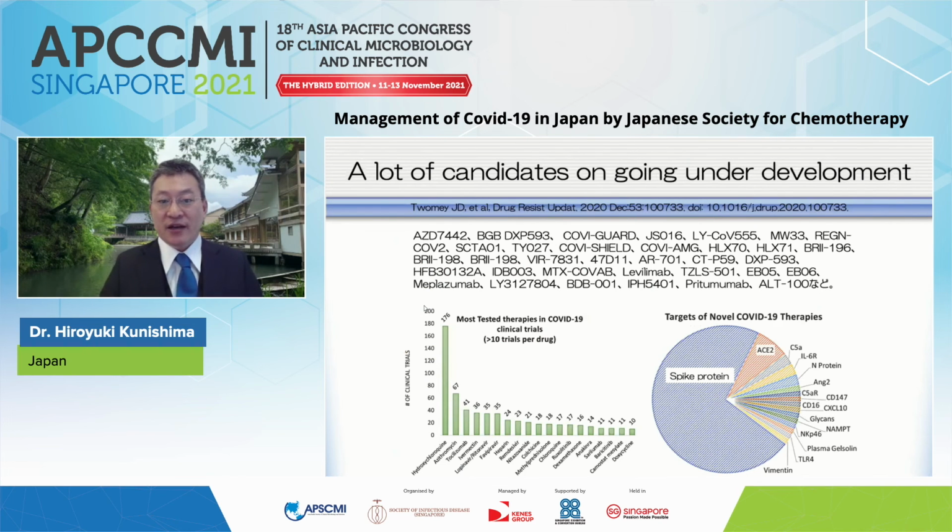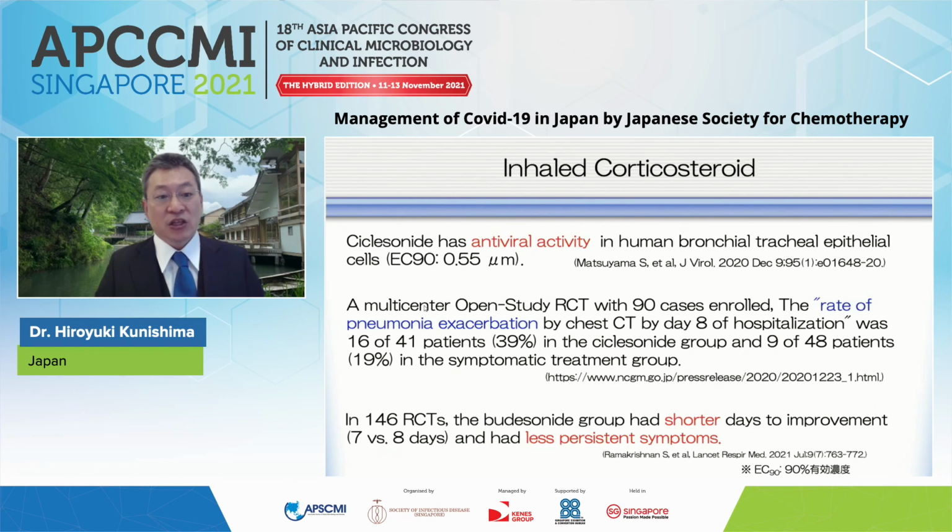Currently, clinical trials are being conducted on many therapeutic agents for COVID-19. Among them, there are many basic and clinical studies on neutralizing antibody drugs and antiviral drugs. The respiratory tract is a main target site of the virus.